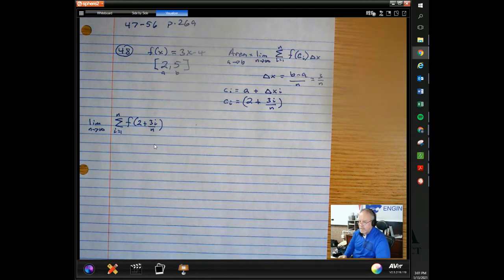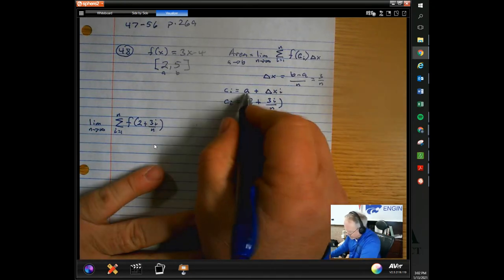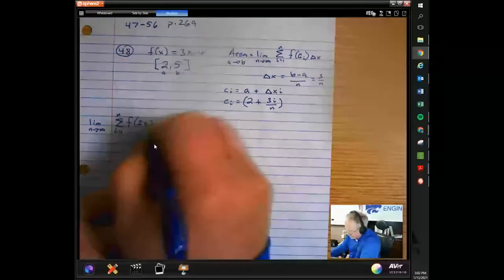And where this value for c sub i comes from is from when we find the areas using the maximum in that area. So we use the right hand side of the rectangle. And so that's always going to be equal to whatever the a is plus how many iterations we've gone through the summation.